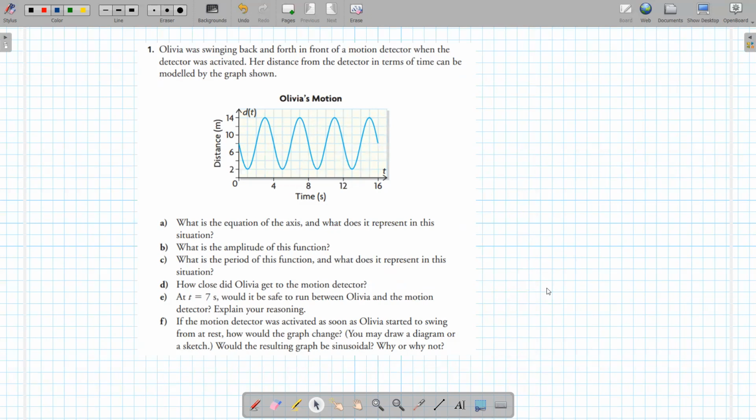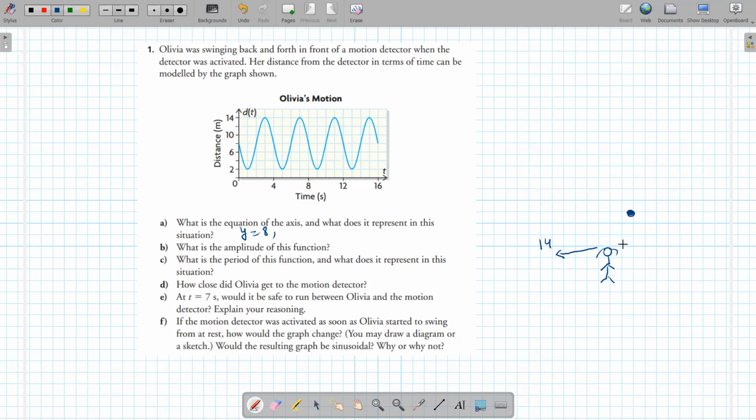So find the equation. The equation of axis is 8. It is 8. What does it represent? So let's say there's a motion detector here, okay? Olivia is here. She's swinging back, so she's going away from the motion detector, and the distance then will be 14.